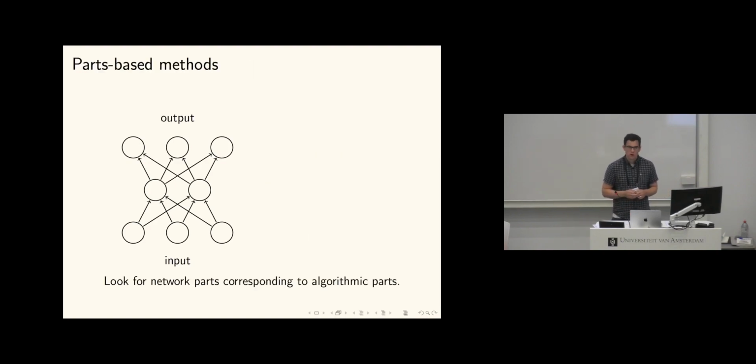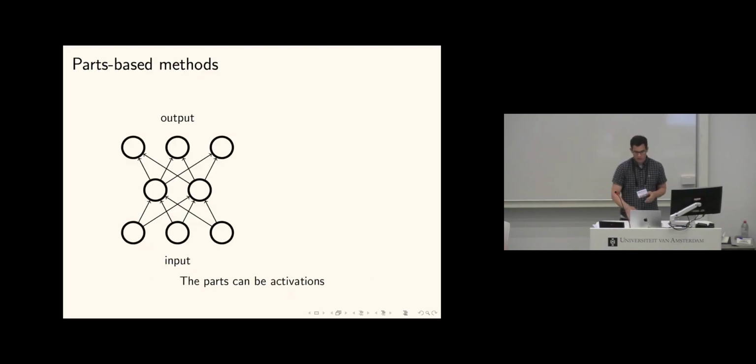Traditional methods are parts-based. Parts-based methods look for network parts that correspond to algorithmic parts. The relevant parts, for example, might be activations. For example, the activation of a particular neuron or node, a layer, or across multiple layers, or even subspaces of that activity. We might find one part corresponding to times 2 and a later part corresponding to plus 2.